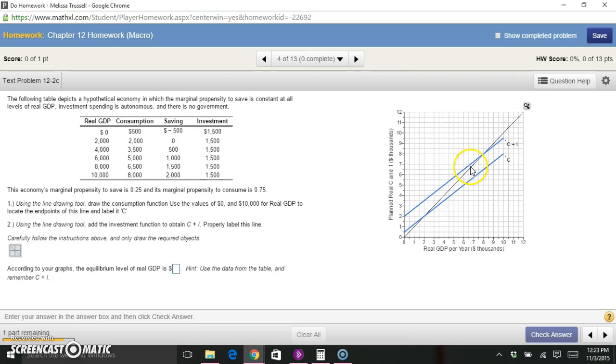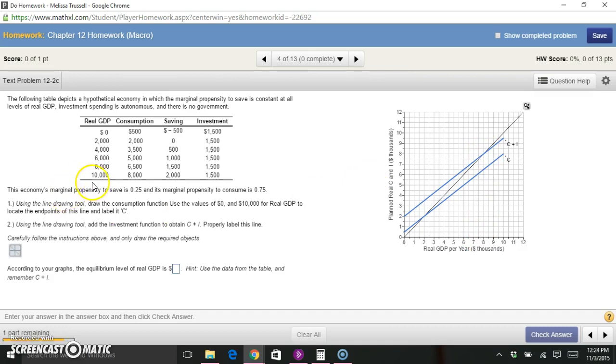That line tells us where GDP equals C plus I. So I just want to go to my C plus I line and see where it crosses that 45-degree line, which I see is up here somewhere around 8,000 GDP.